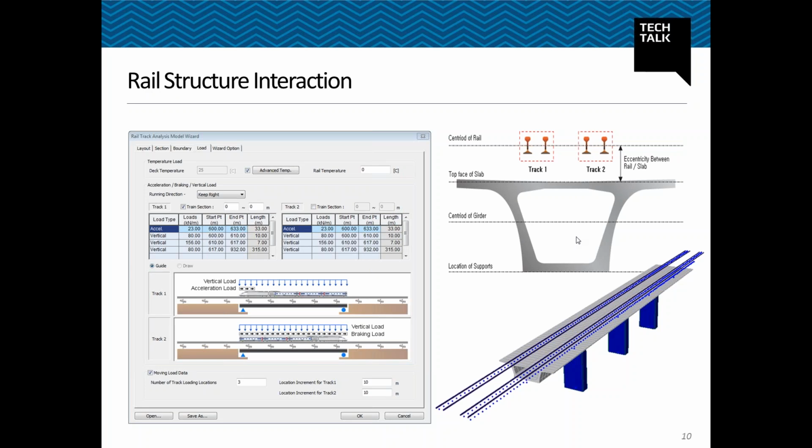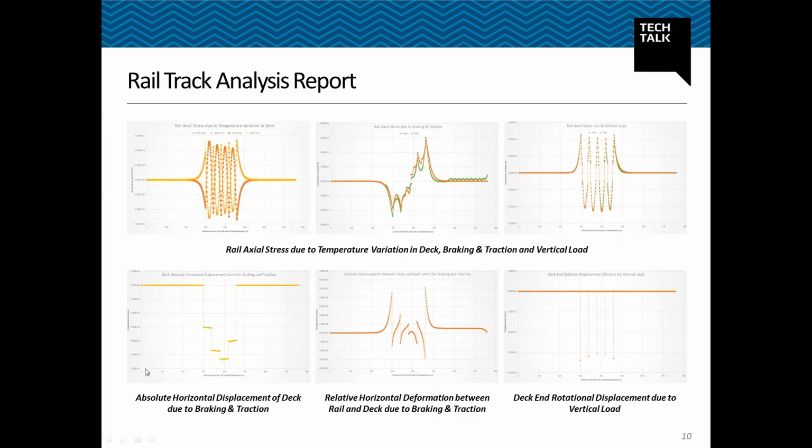So please keep updated. And with this function, we will be able to plot the axial stress result due to temperature variation in the deck, braking and traction, and vertical load of the train load. All of these results are automatically available in the report function.